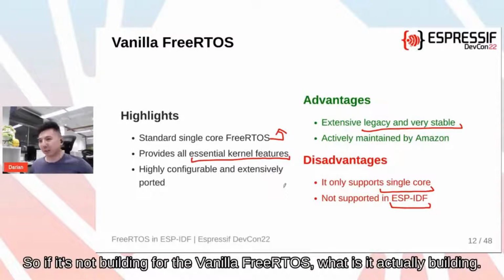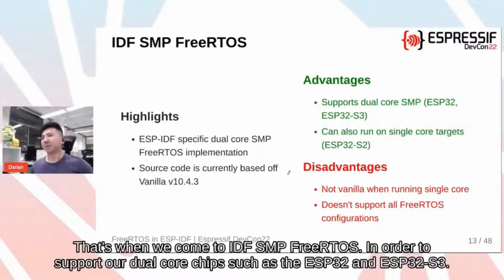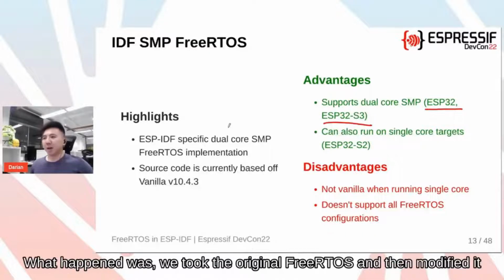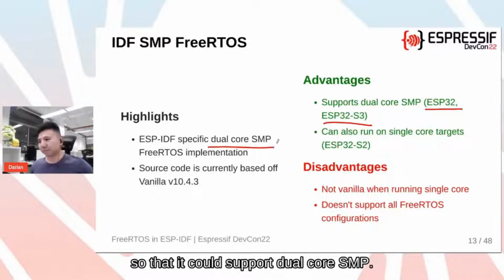So if it's not building vanilla FreeRTOS, what is it actually building? That's when we come to IDF SMP FreeRTOS. In order to support our dual core chips, such as the ESP32 and the ESP32S3, what happened was we took the original FreeRTOS and then modified it so that it could support dual core SMP.